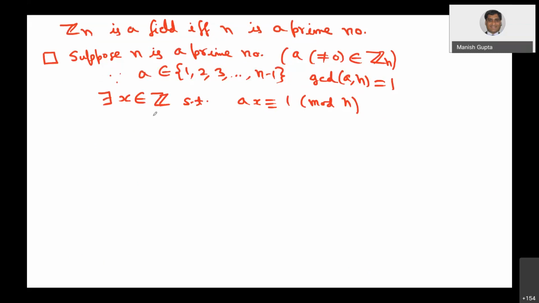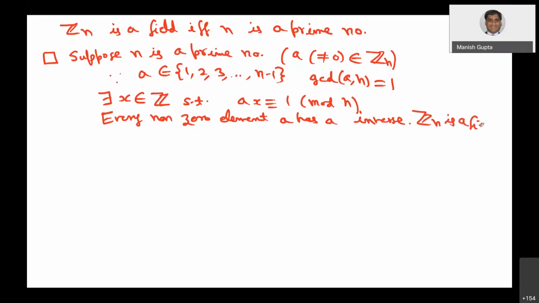That means every non-zero element a has an inverse. Right. So that means Zn is a field. So I have assumed this side and I proved that Zn is a field.